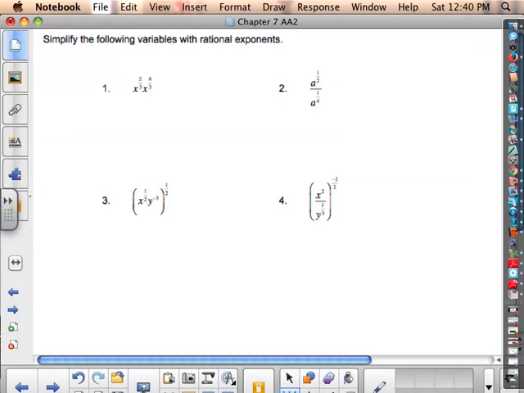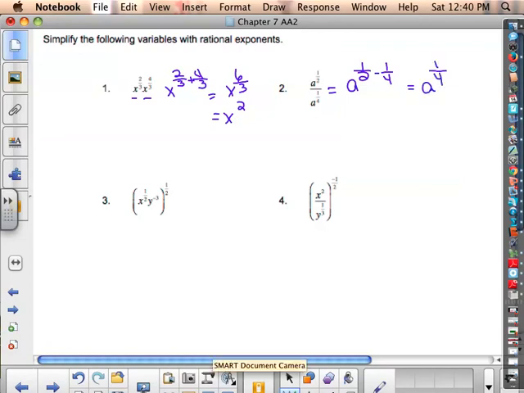Next one, simplify the following expressions. I have like bases, so remember, when multiplying like bases, you add the exponents. So that's going to give me x to the 6/3, which is x squared. A, dividing like bases, you're going to subtract, so a to the 1/2 minus 1/4 is going to give you a to the 1/4.